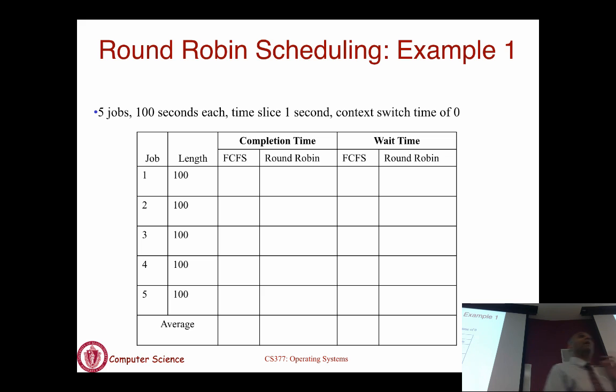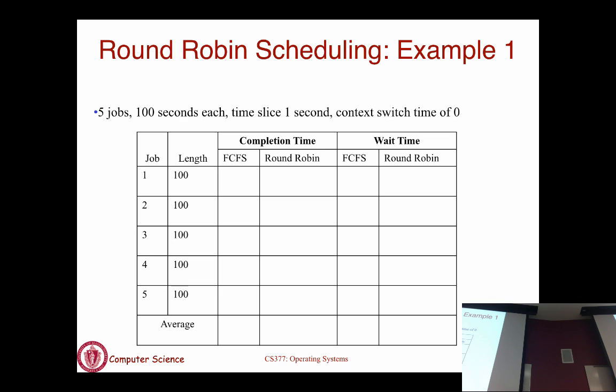Let's do a numerical example, just to go through this in a little more detail. We'll assume that you have a system with 5 jobs, 1 through 5. Let's also assume in this case that all jobs require 100 units of CPU time in order to complete. For simplicity, we'll assume that jobs don't do any I/O; they only compute.